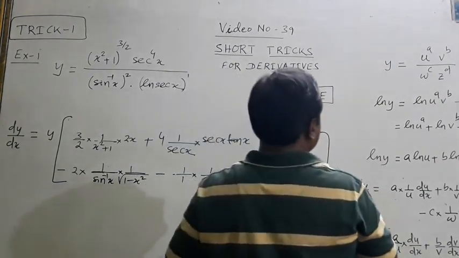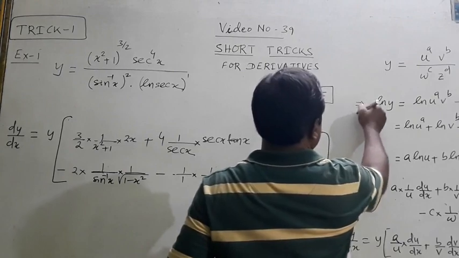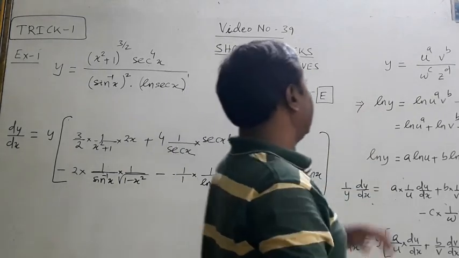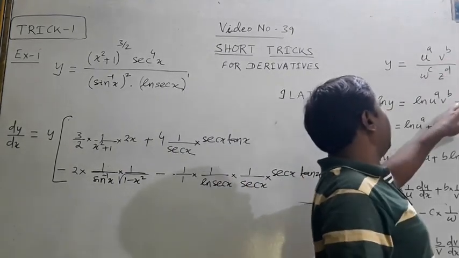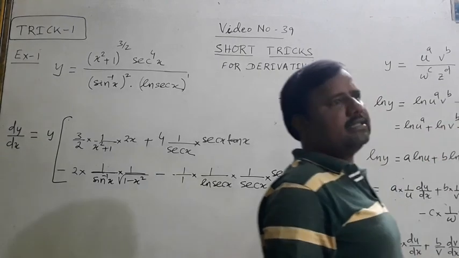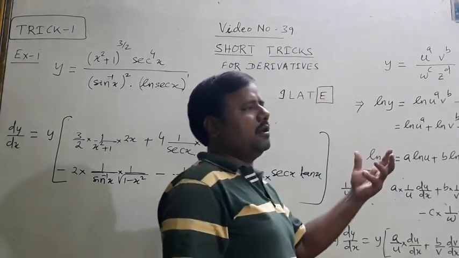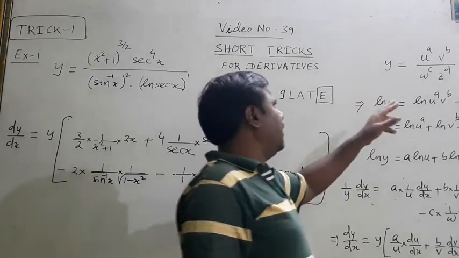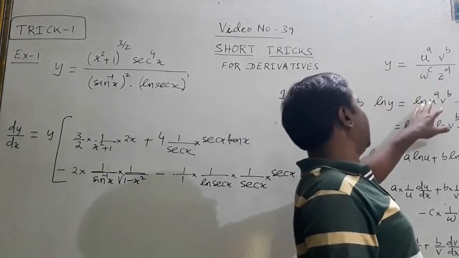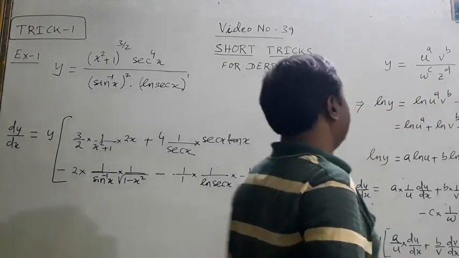We are taking ln on both sides, log on both sides. ln y is equal to ln numerator minus ln denominator, as you know, ln of numerator by denominator is ln numerator minus ln denominator.